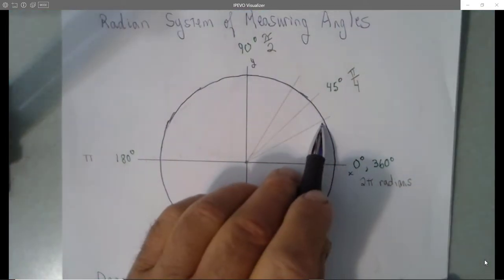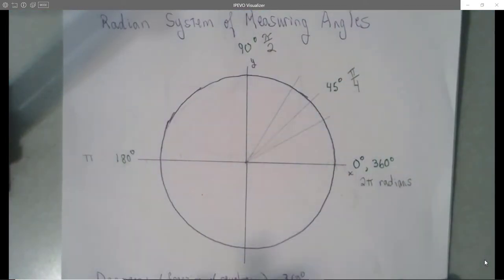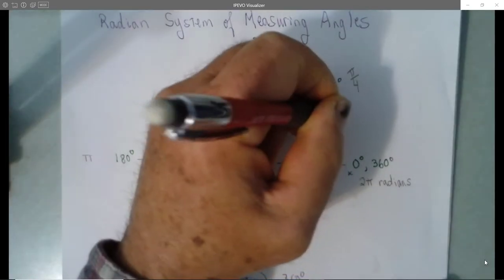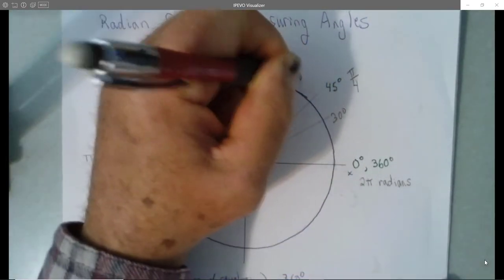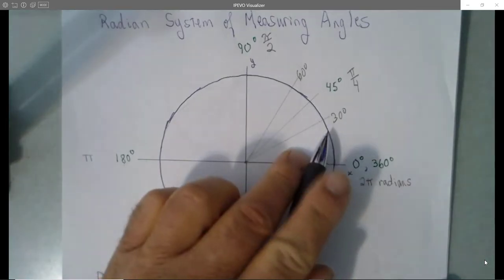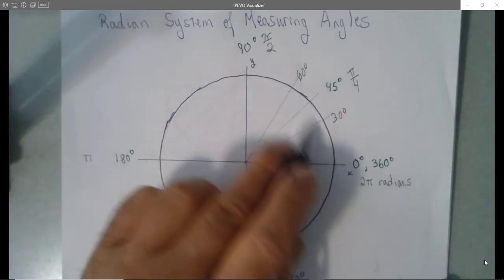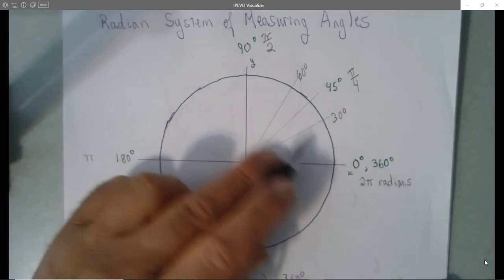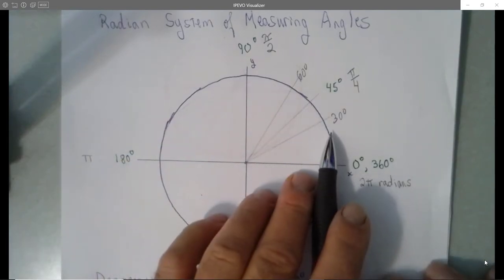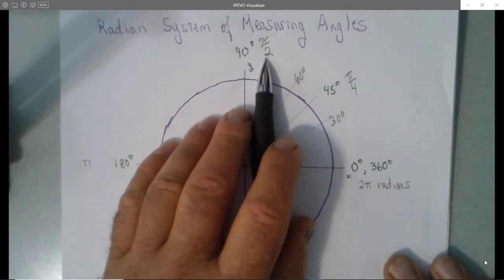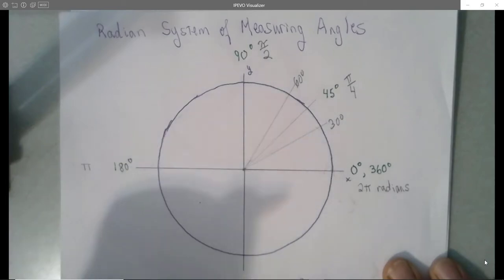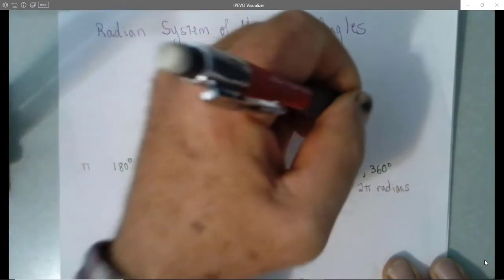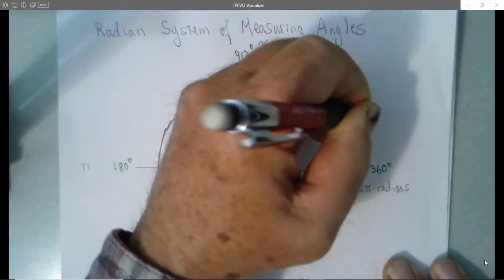Now, what about the 30 degree and the 60 degree angles? In the degree system, those are the 1/3 and 2/3 marks through the first quadrant. To get those in radians, you take pi over 2 and divide it by 3. Well, 1/3 of pi over 2 would be pi over 6.